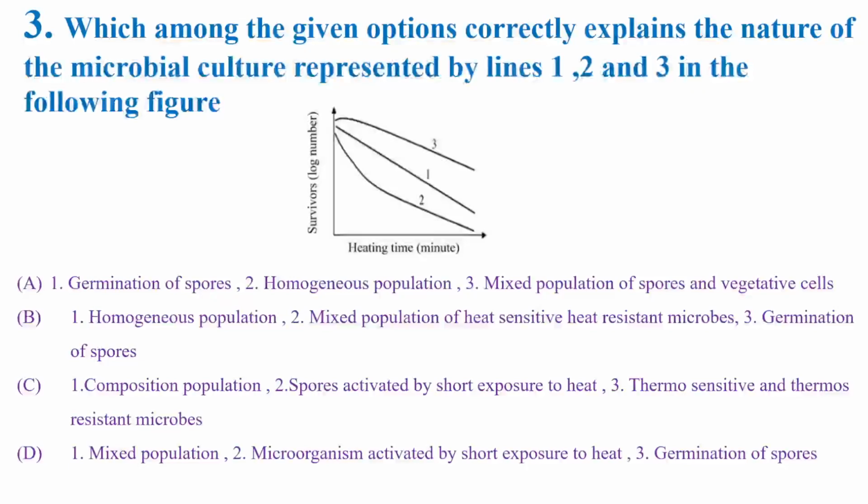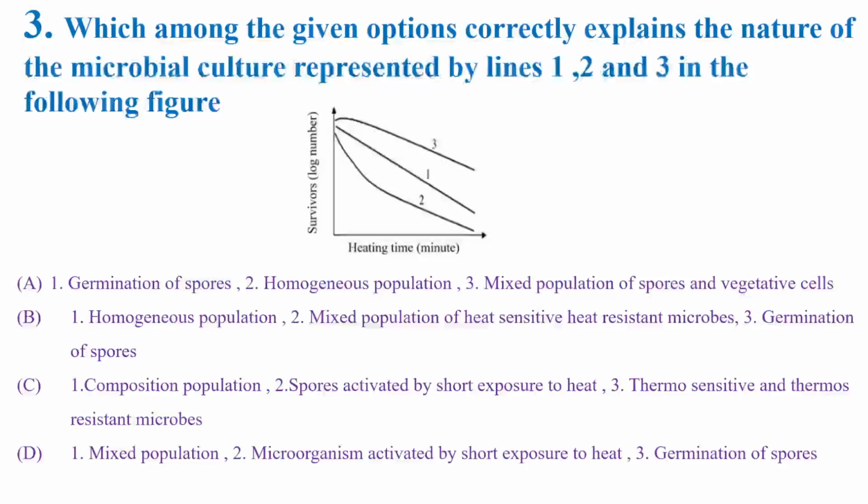Line 2, we can see it's a bit curved. So this indicates a mixed population which contains both heat sensitive as well as heat resistant microbes. At first, the heat sensitive cells will die quickly, and then the resistant ones will survive for a longer period of time.